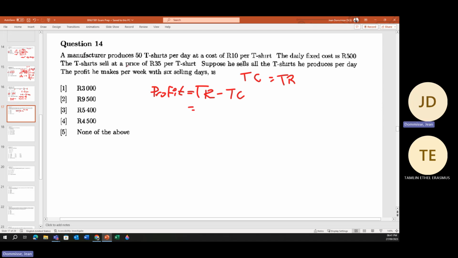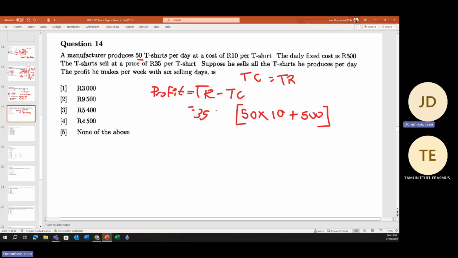So they tell us a manufacturer produces 50 t-shirts per day at a cost of 10 Rand per t-shirt. So your variable cost is 50 times 10, plus there's a fixed component of 500, and then they said, well, you sell the t-shirts at 35 Rand per t-shirt.